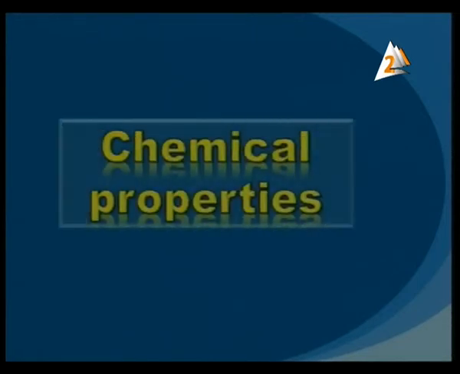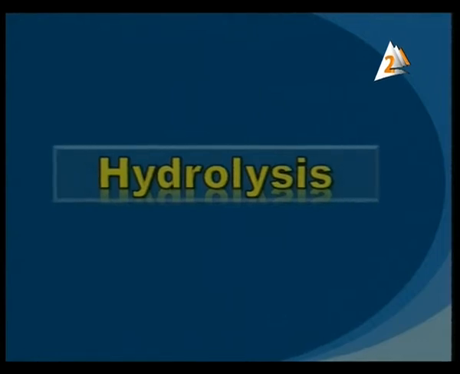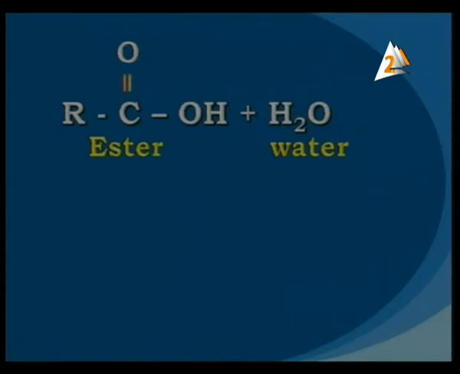For the second one, you tell me about chemical properties. Chemical, yes, the reactions here go back to the COOH group. For this one, we have hydrolysis. When you have an ester, why do we add water here? Water to see the hydrolysis.